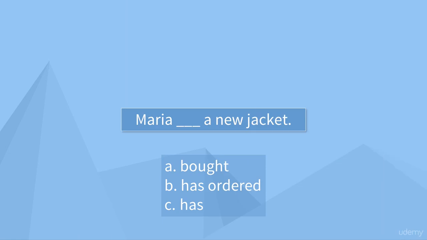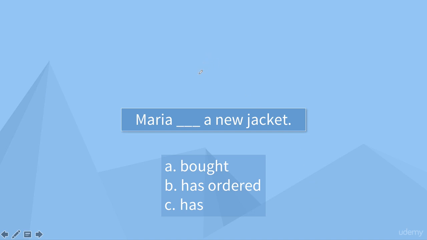Okay, so a question for you now. See if you can answer before I complete it. The question is, Maria something a new jacket. Now we have three answers: bought, has ordered, has. What we want to know is which answer is present simple.